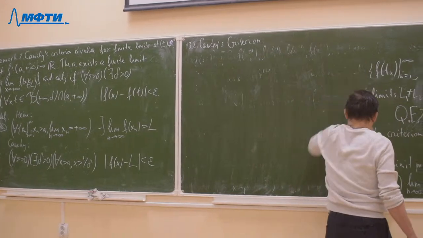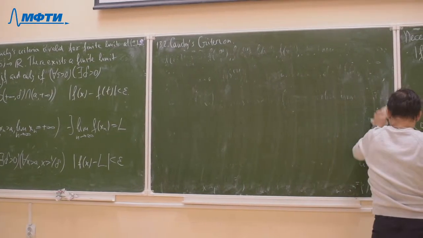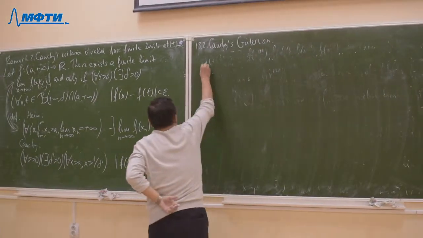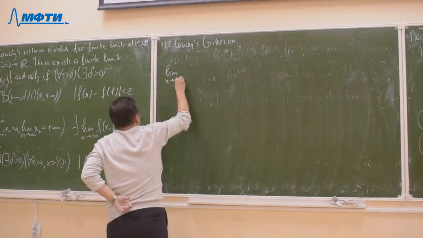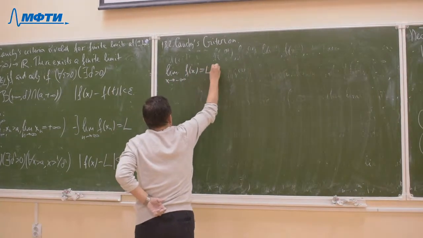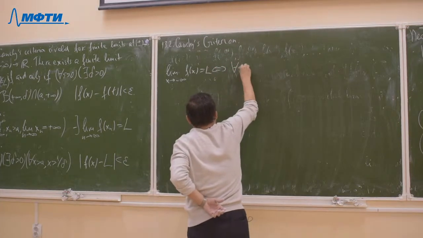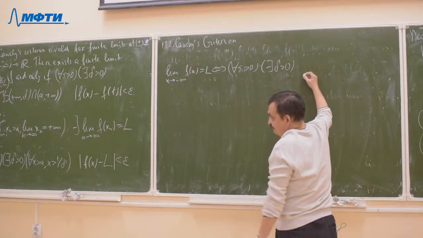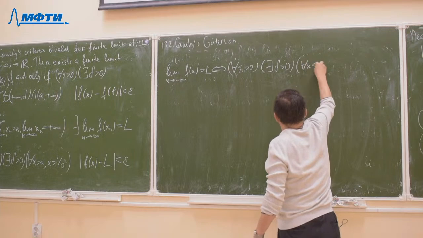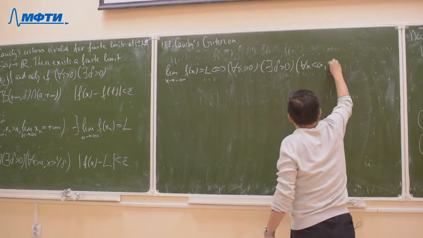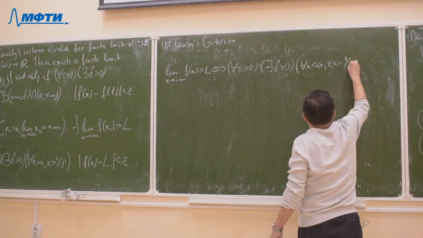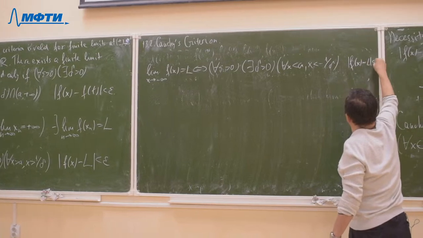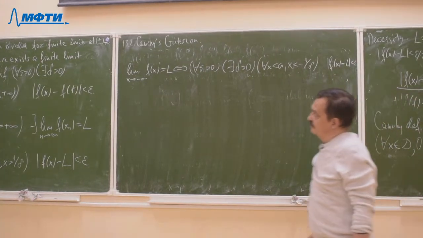Analogously, we can define limits at minus infinity. Let's say limit as x tends to minus infinity of f of x equals L. Cauchy will be: for arbitrary epsilon, there exists delta such that for all x less than a and less than minus 1 over delta, we have |f of x minus L| less than epsilon, right?